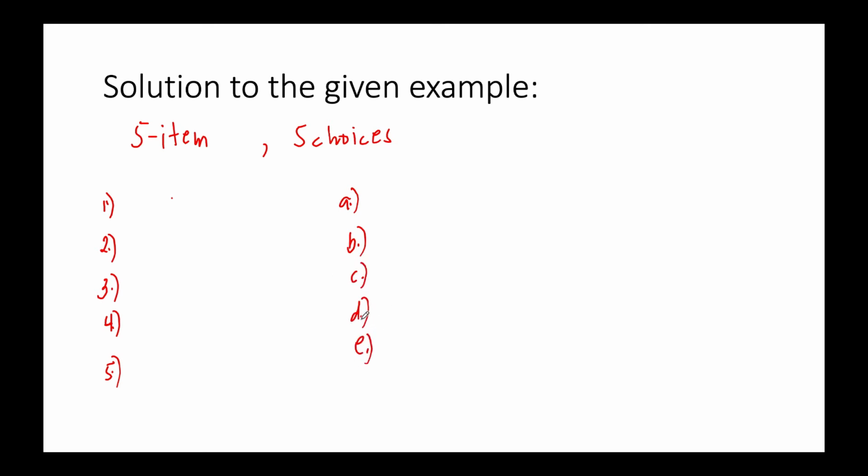The question here is, what would be the value of our n and what would be the value of our r so that we could apply the formula for distinct permutations? In this case, we have to imagine that all of these choices will be put in these 5 places.